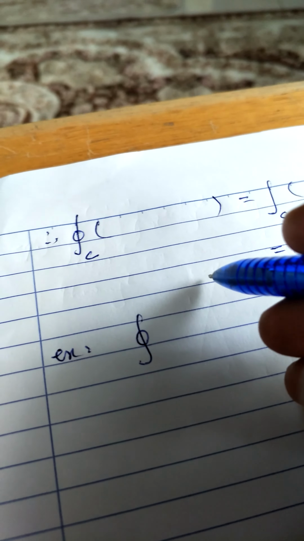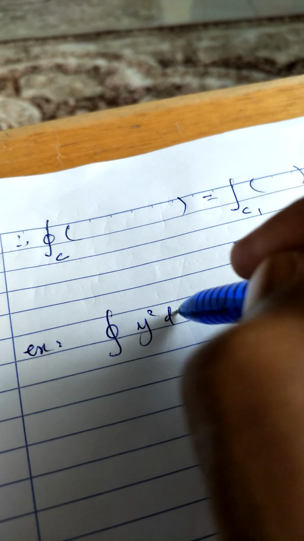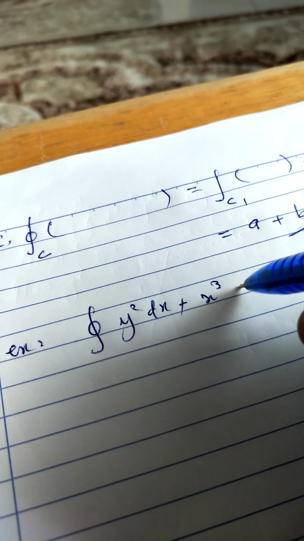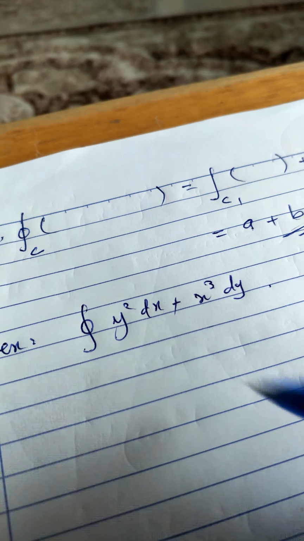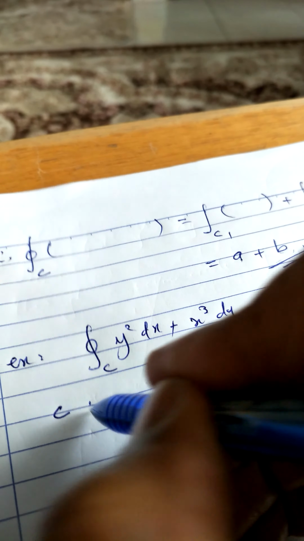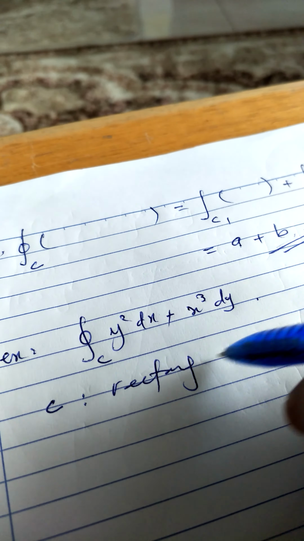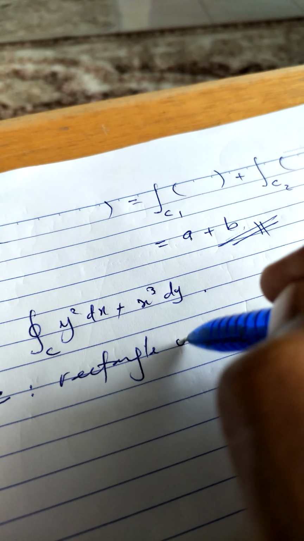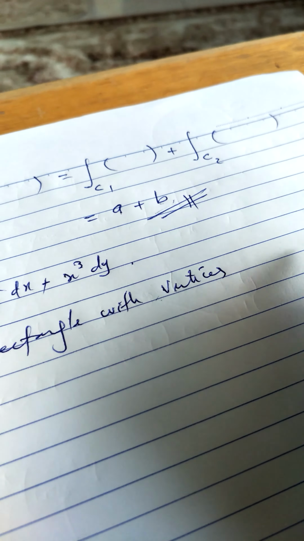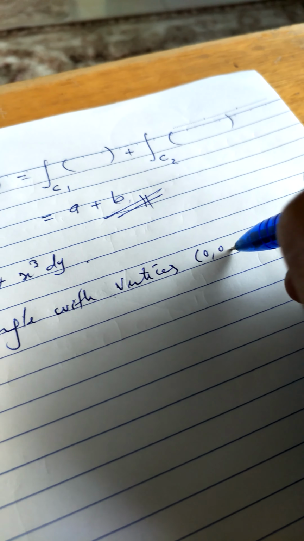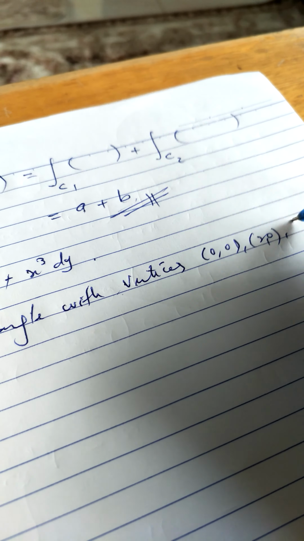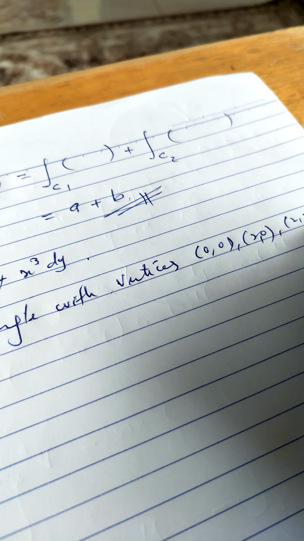It is the integral of y squared dx plus x cubed dy, where C is a rectangle with vertices 0,0, 2,0, 2,2, 0,2.